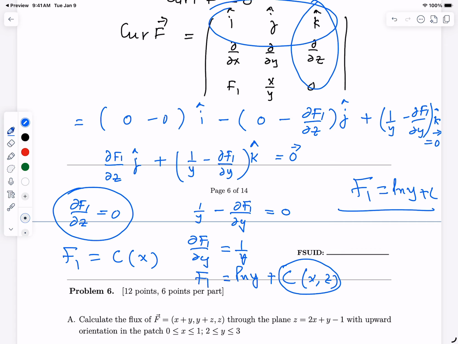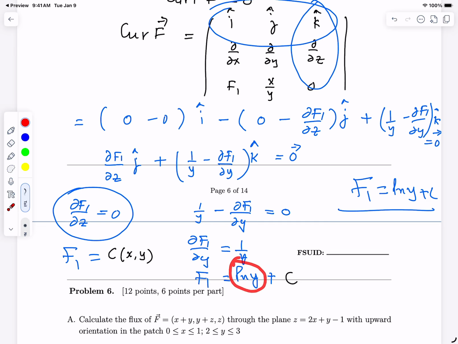Natural log of y plus a constant. To make your life easy, this equality says that it is not a function of z, but it can be a function of x and y. But y is already there and I have a constant, so this should be the right expression. Okay, next.